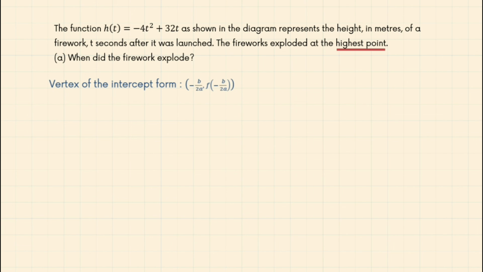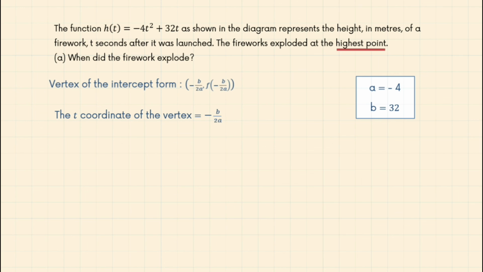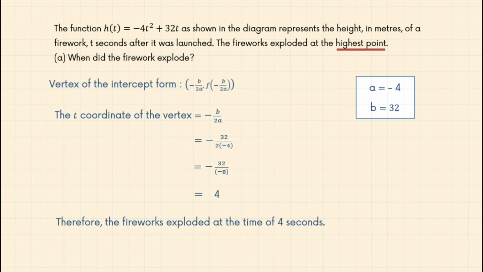In this question, the value of a is negative 4 and b is 32. Now, we can proceed to find the t-coordinate of the vertex since the question asks for when it exploded. Substitute the a and b values into the formula and we get t equals 4. Therefore, the fireworks exploded at 4 seconds.